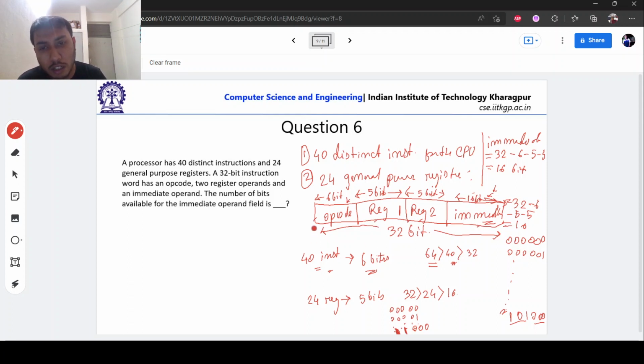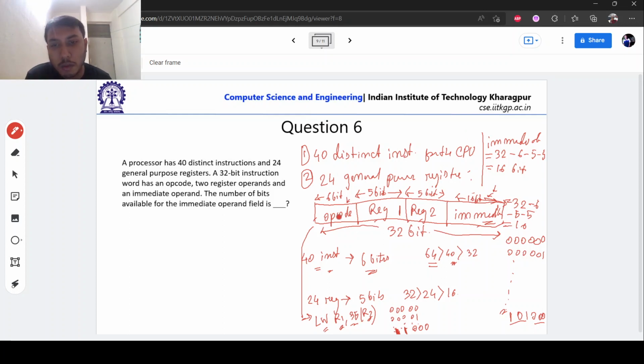This can be load R1 comma 35 R2. So this is an example of an instruction which you can find a little bit similar to, because it has an opcode, one register, two register, and an immediate part.